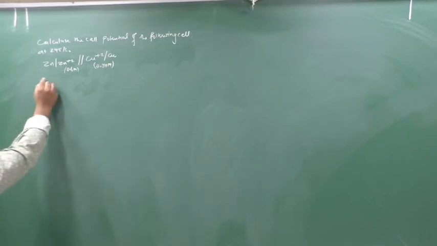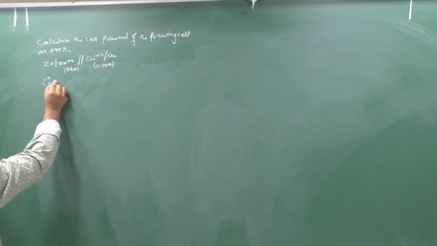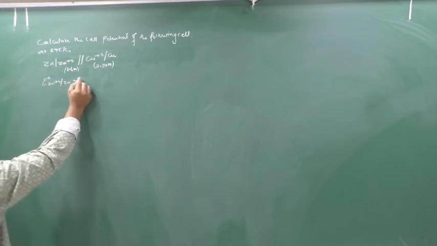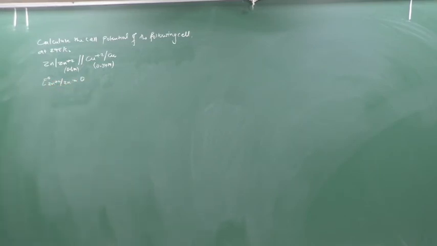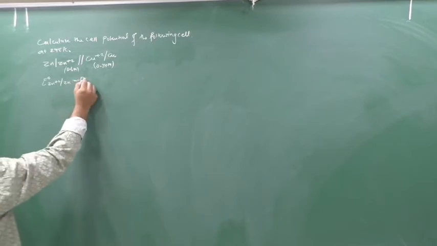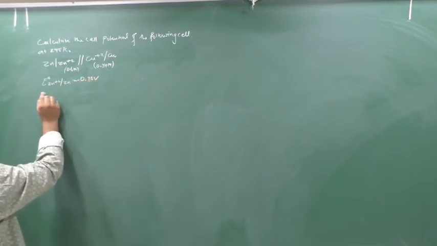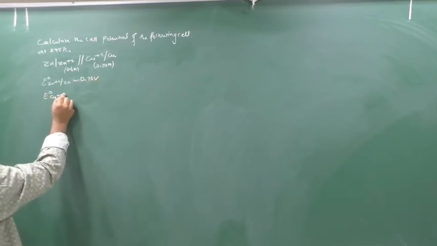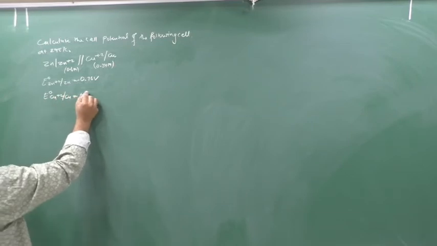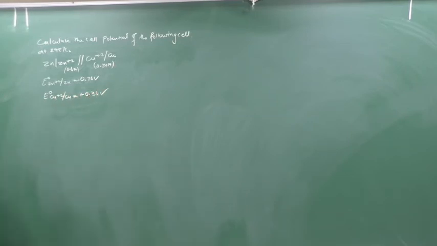E0 Zn plus 2 slash Zn equal to minus 0.76 volt, and E0 Cu plus 2 slash Cu equal to plus 0.34 volt.